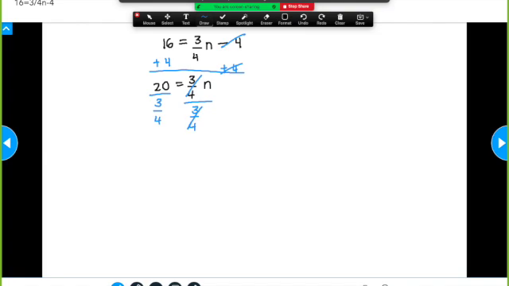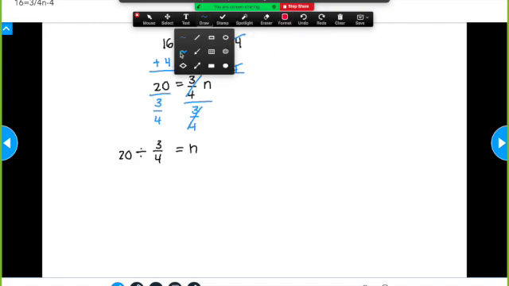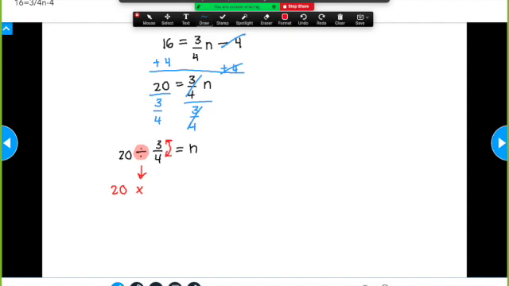So right here, I'm going to write down 20 divided by 3 over 4, and that equals n. So right here, I'm going to make sure that I change my division sign into a multiplication sign, and then I'm also going to flip the 3 over 4 to 4 over 3 instead.